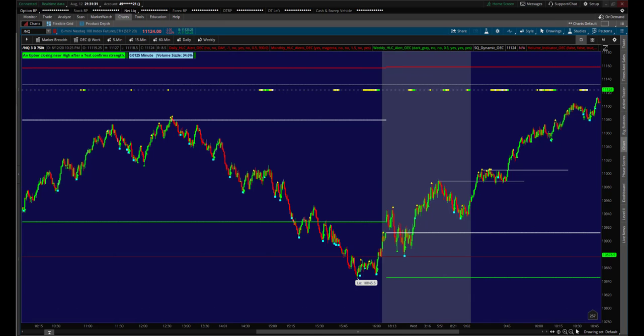Without setting those higher highs and higher lows, we don't have trend. The same in reverse. Without setting those lower highs and lower lows, we don't have trend. Think about the buying and the selling that's going on when you're looking at that price action. Look at the bodies and the wicks.